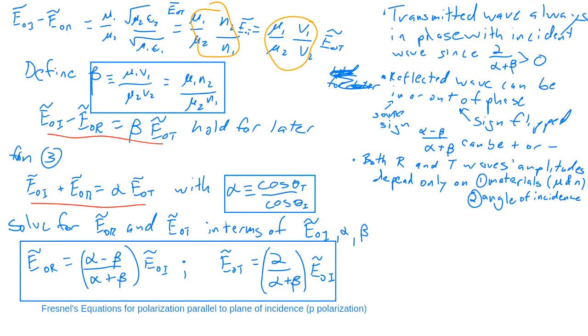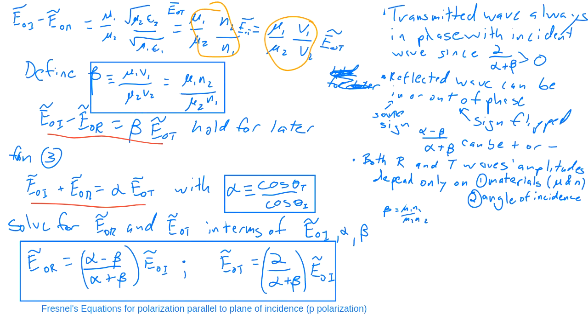You might say, wait a second. I get that in terms of beta. Beta only has mu and n, but look at alpha over here. Alpha's got the cosine of the angle of incidence, but also has the cosine of the angle of transmission too. So doesn't it depend on how the light gets transmitted too? Let's do a quick derivation to show that actually, the angle of transmission can be re-expressed in terms of the angle of incidence and the properties of the material. Specifically, beta was just mu1 and n2 and mu2 and n1.